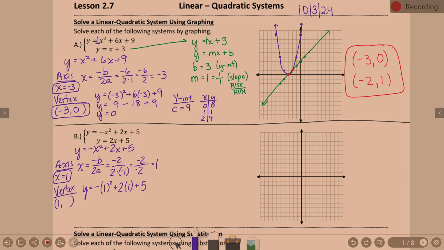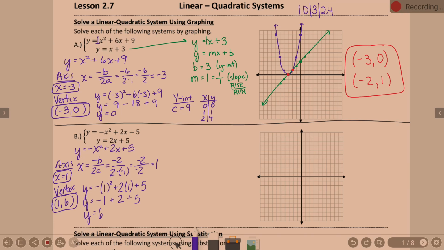What about the negative of 1 squared? -1, right? Because when you have that negative out front, it automatically makes the answer negative. And 1 squared is 1, obviously. So this is going to be -1 plus 2 times 1 is 2 plus 5. -1 plus 2 plus 5 is 6. So now I have a vertex of 1, 6.